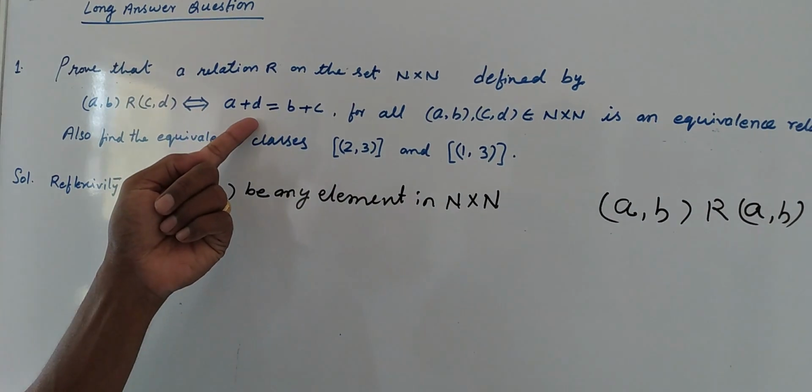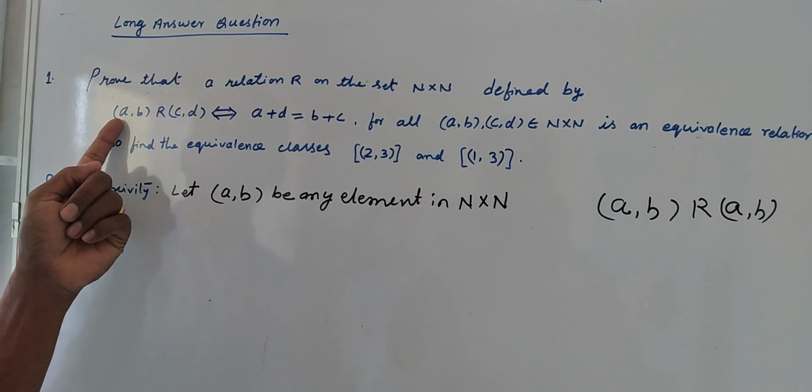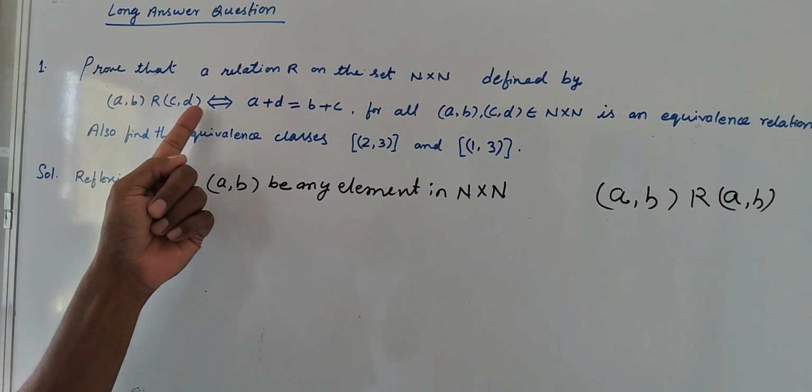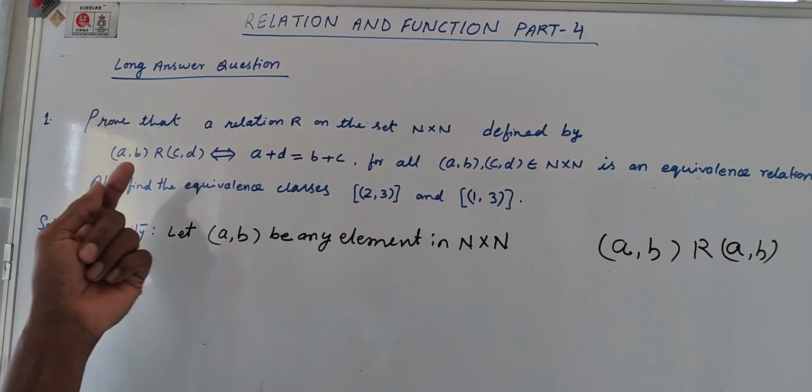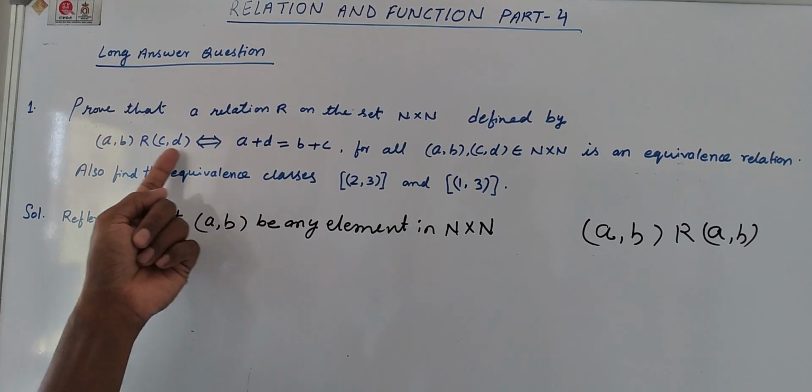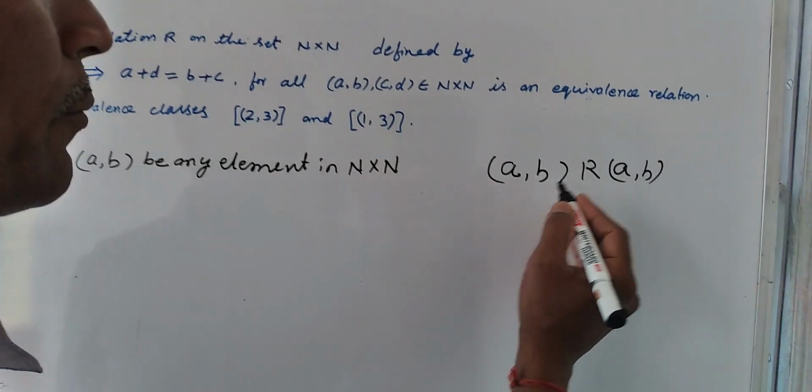If you observe this relation, it is the first component plus the second component of the second ordered pair on one side, and the second component plus the first component on the other side. So we have to prove this.